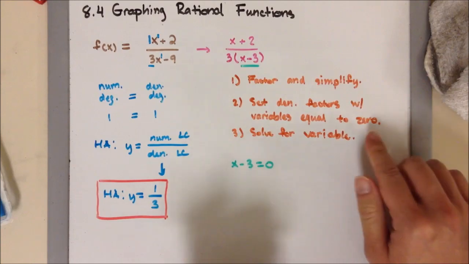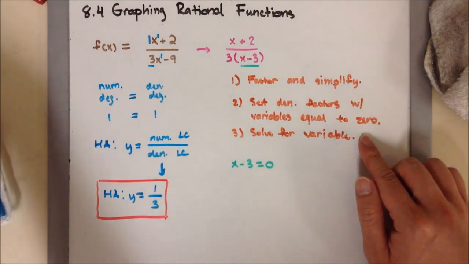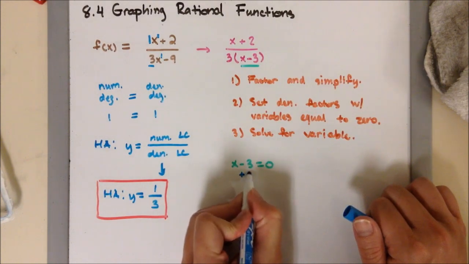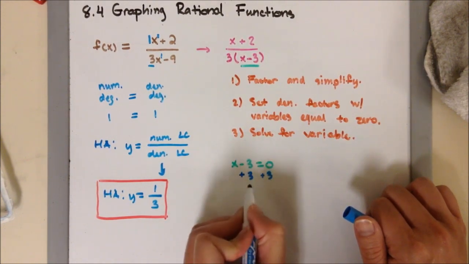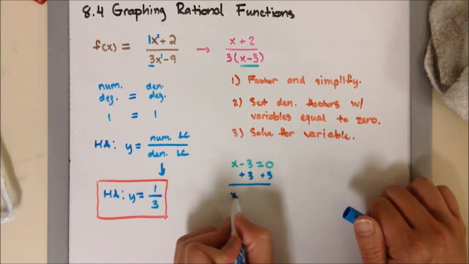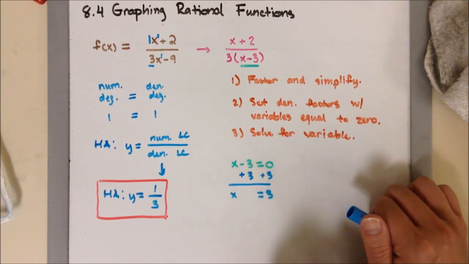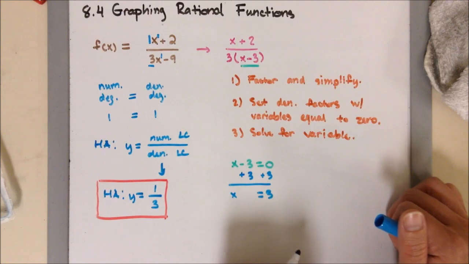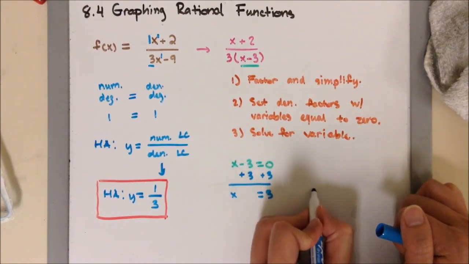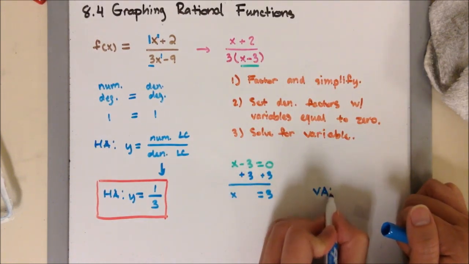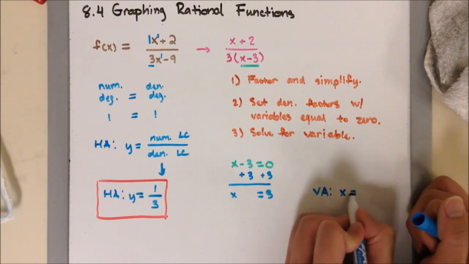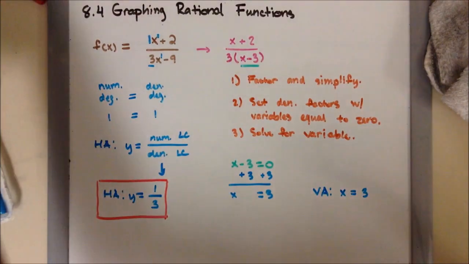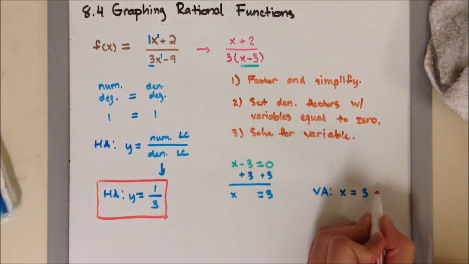And then step 3, solve for variable. I'm going to add 3 to both sides so I can get x by itself. So x equals 3. I finish. And that was the only factor I have in this example. So I'm going to write VA, vertical asymptote, x equals 3. And that will be my final answer.